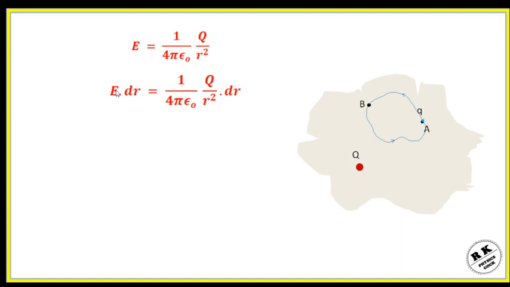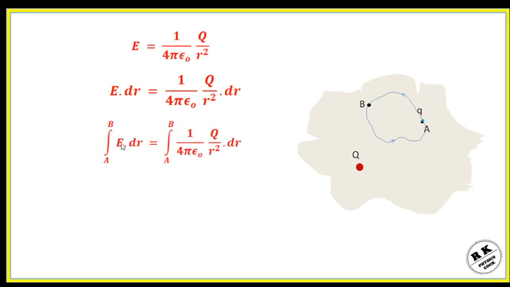So the work done is equal to 1 upon 4 pi epsilon naught times Q by r square dot dr. This is the work done in moving a small distance dr. Our interest is to find the work done in moving the test charge from point A to point B. For that we take the integration along this path.